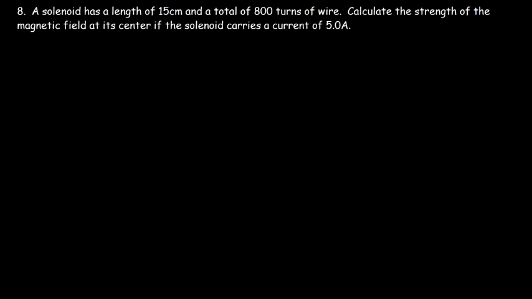Number 8. A solenoid has a length of 15 centimeters and a total of 800 turns of wire. Calculate the strength of the magnetic field at its center if the solenoid carries a current of 5 amps. So first, let's calculate lowercase n, which is capital N over L. So there's 800 turns, and the length of the wire is 15 centimeters.